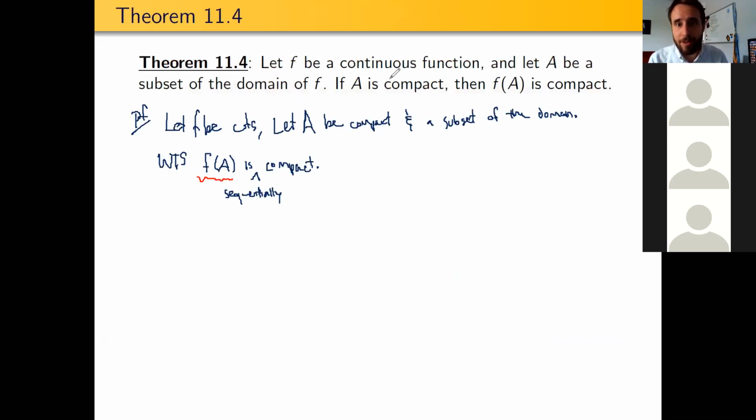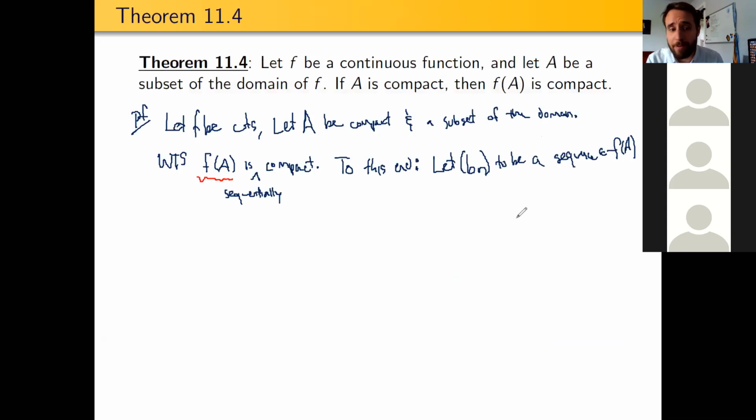So to this end, let's take B sub n to be a sequence in f of A, a subset of f of A.